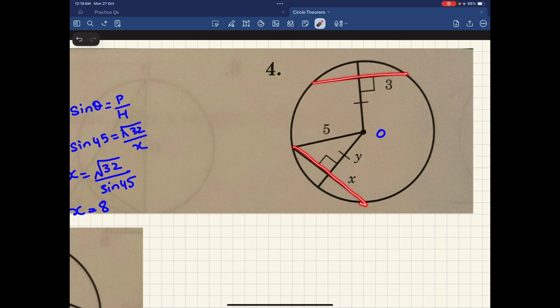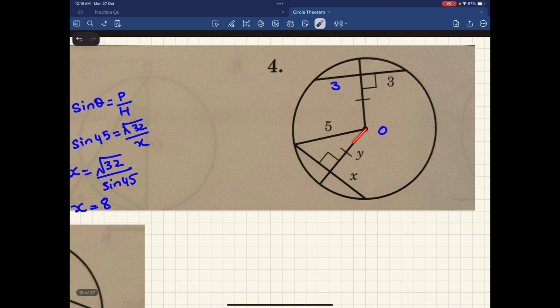And if this is 3, this will also be 3 using the other theorem. Which is what? That if a line passes through the center and is perpendicular to the chord, then it is the perpendicular bisector of the chord, which means that it is going to divide the chord in 2 equal parts. So if this is 3, this will be 3. Same goes for the other chord, perpendicular and passes through the center, so it will bisect the chord into 2 equal parts.